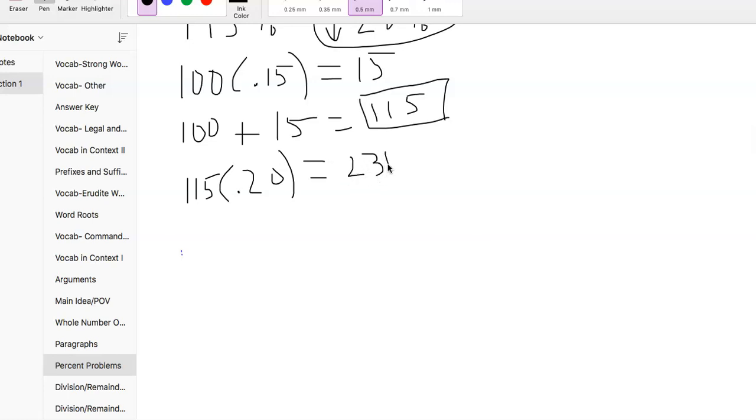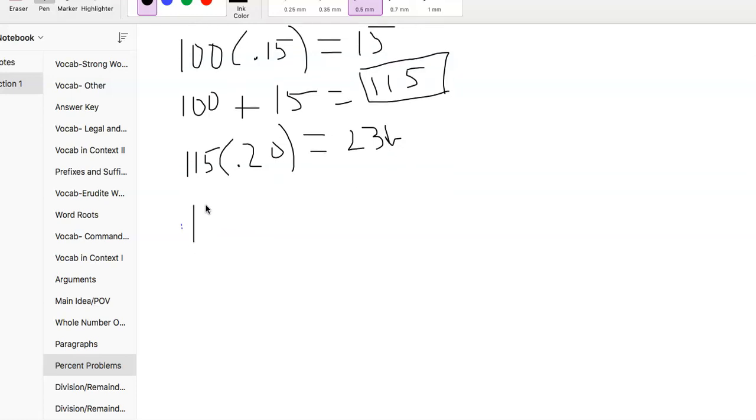So now it went down 23. If we do that calculation, 115 minus 23 is 92.